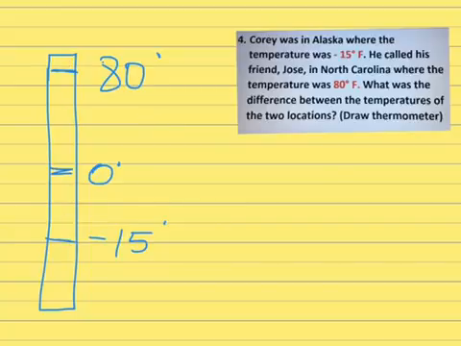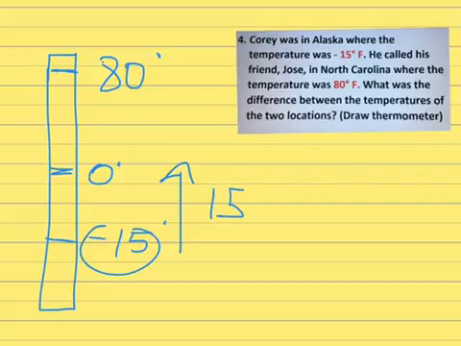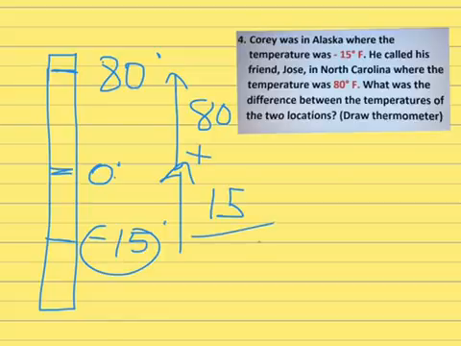So we are going to start at negative 15 and go up. Just to get to 0, I have to travel 15 degrees. So then I have to still go to 80. So from 0 to 80 is another 80 degrees. So I'm going to add those together. 80 plus 15 is 95.